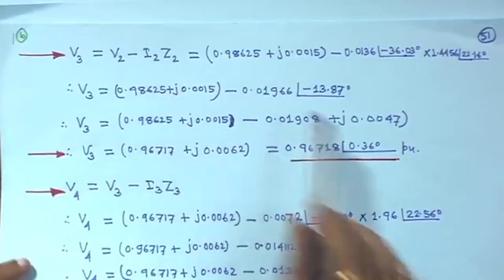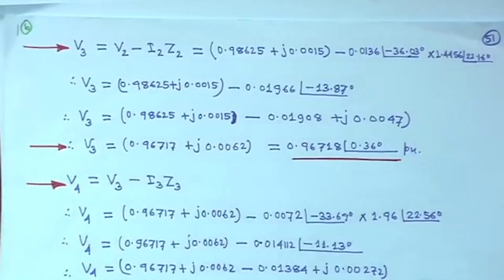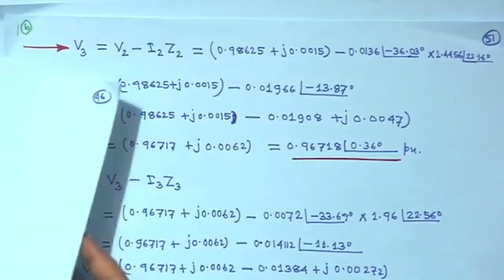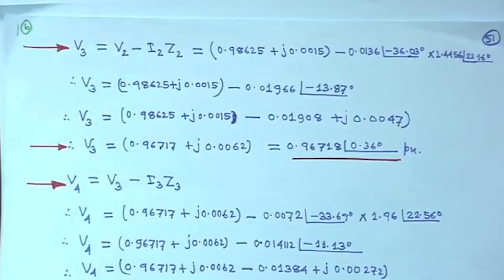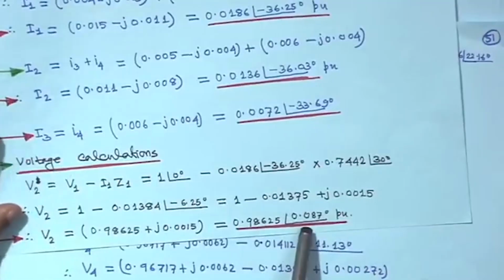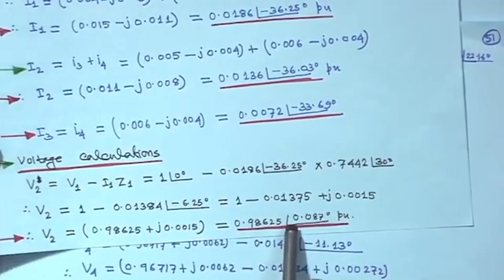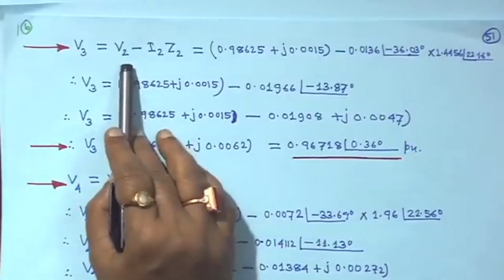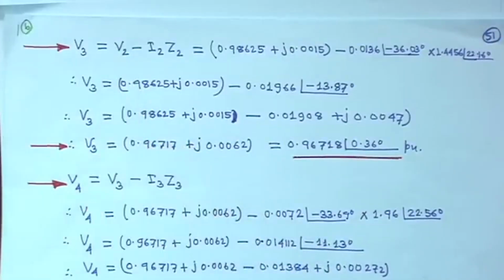Then we will compute V3. V3 is actually straightforward, V3 will be V2 minus I2 Z2. But this V2 you have now computed, right. Do not use the flat voltage for voltage calculation, use the immediate voltage which you have got now, this V2 you should use in this expression. For current calculation, all the flat voltages are required, because you have to calculate the load current, without that you have no other way.